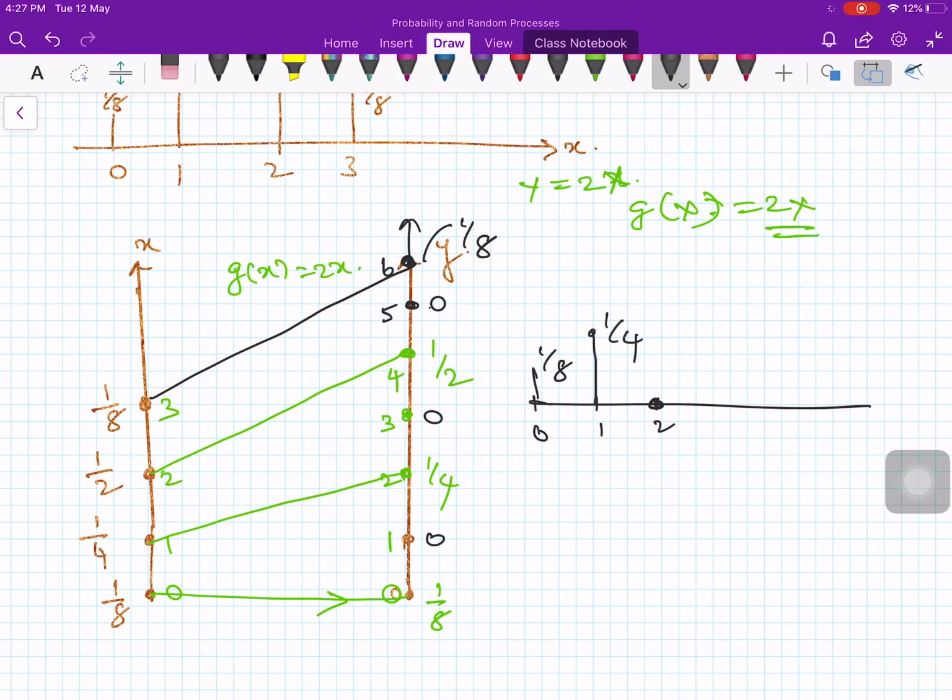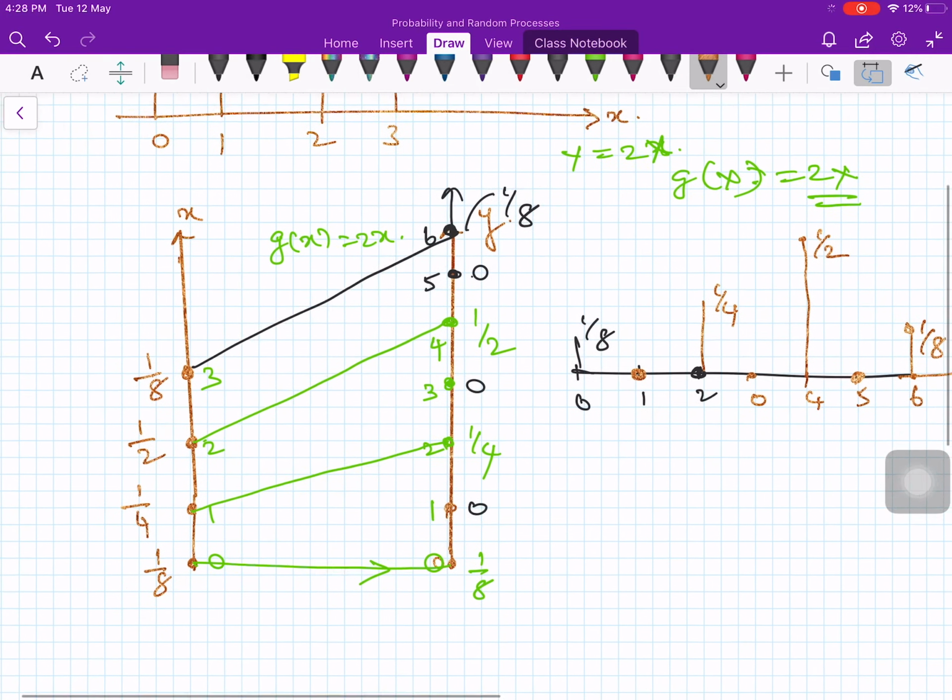At 3 the probability is 0, at 4 it is 1/2, at 5 it is 0, and at 6 it is 1/8. Straight away you can find out.